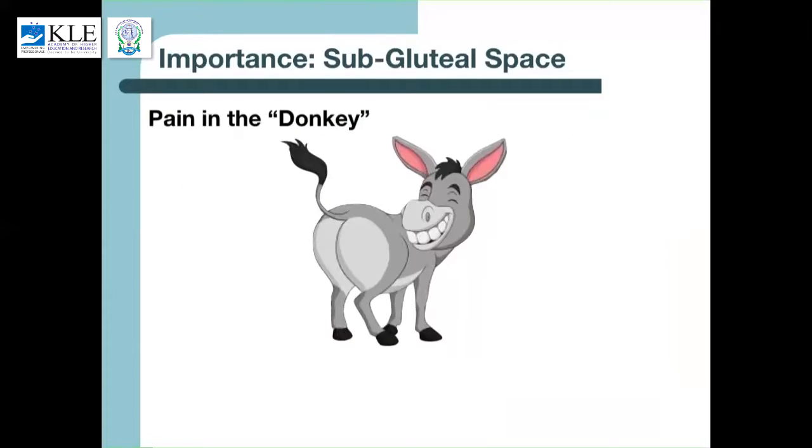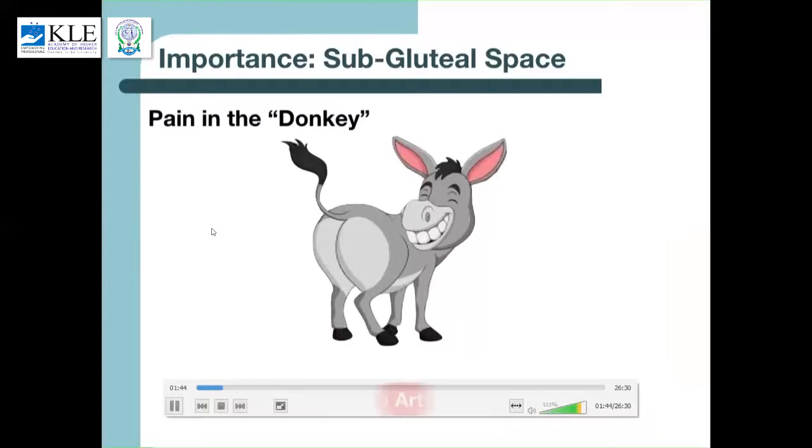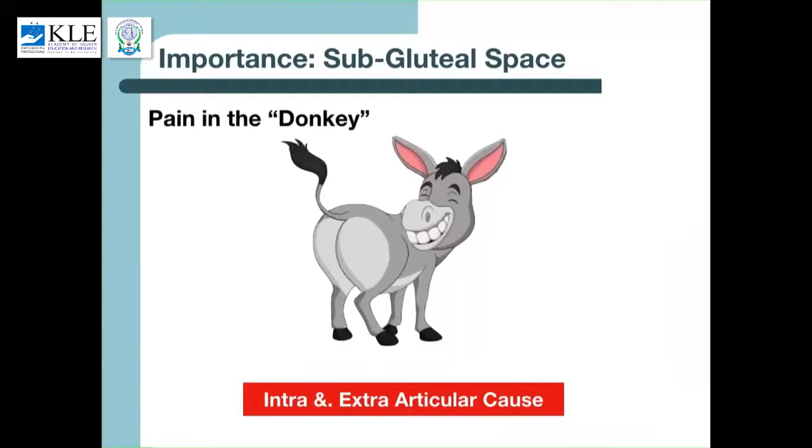But the importance of that subgluteal space is not just a pain in the behind, or a pain in the donkey, as we say, because there are multiple causes that can result in that pain. And those are both intra and extra-articular in nature.